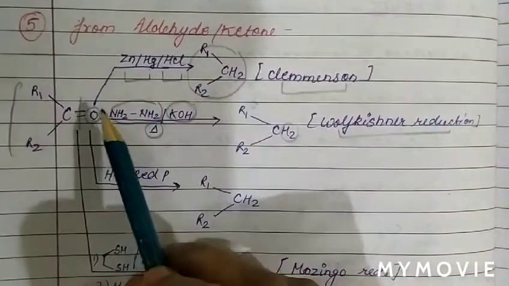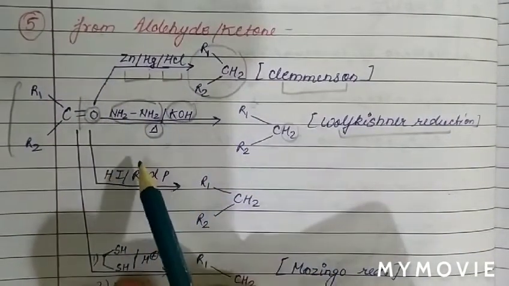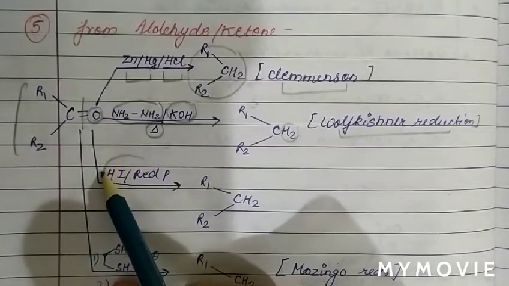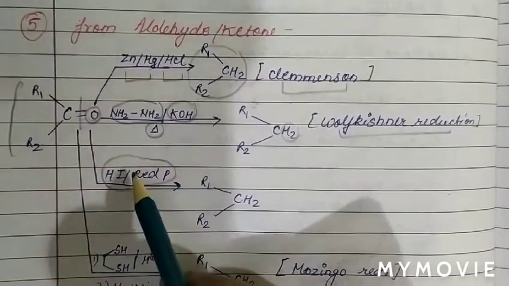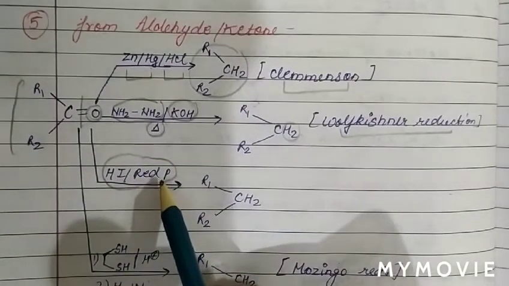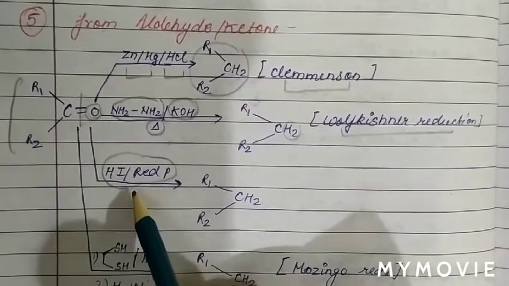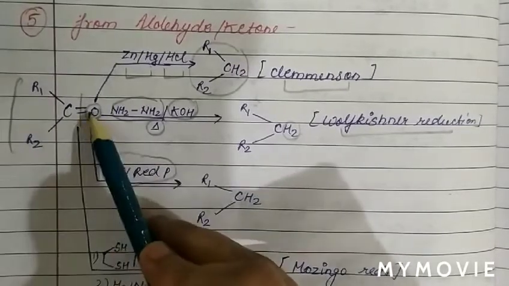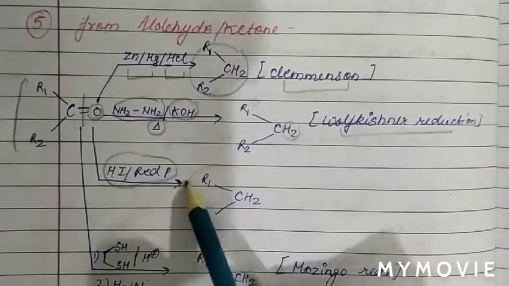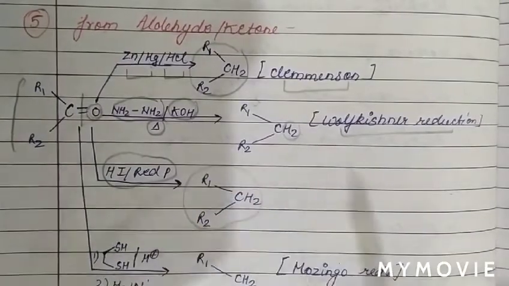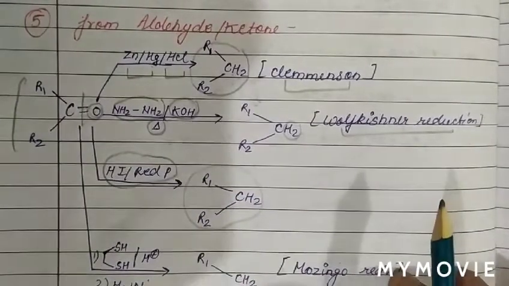Now see, when aldehyde and ketone are used with HI in presence of red phosphorus, basically HI in presence of red phosphorus also behaves as a reducing agent. Now again there is removal of oxygen and addition of hydrogen. So it also changes into alkane. See the next reaction.